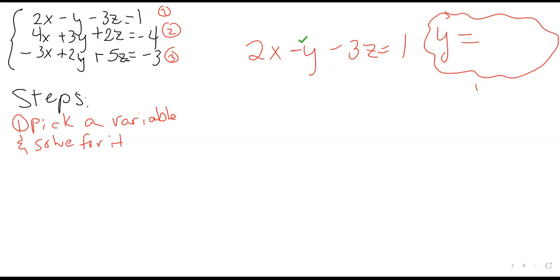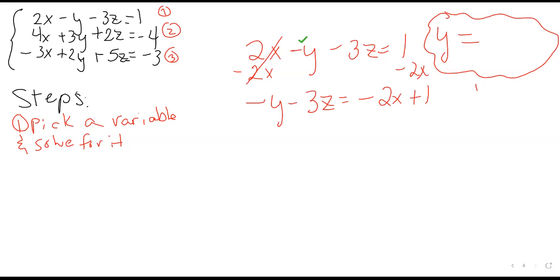Negative 2x. So I'm subtracting 2x from both sides to get rid of that one. So now I have negative y minus 3z equals negative 2x plus 1. Now, just like you said, Veronica, I have to also move this z.